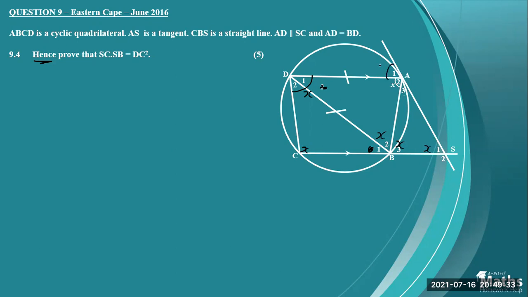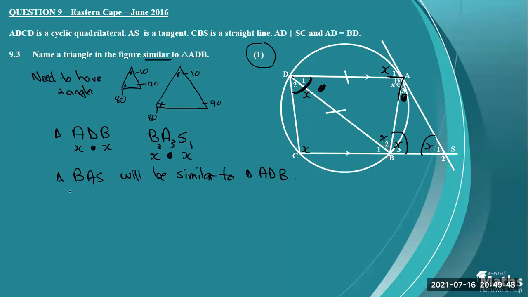That one was also an X. Right. So now I like to start off with what I just proved in the previous one. So in the previous one, I will just say here, I didn't write it here. Let's just add that just to play it safe. Therefore, triangle ADB will be similar to triangle BAS.